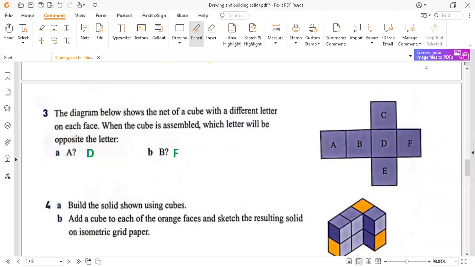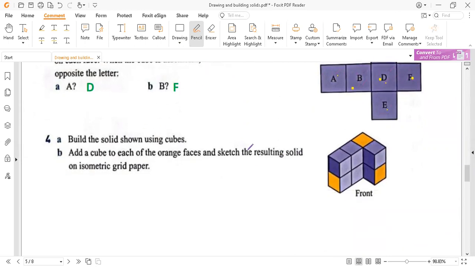For example, this one will be opposite to A, because when we complete our cube, we will obtain D in the bottom and A in the top. We will obtain F as the right face and B as the left face. Also, we will obtain E in front and C in the back. So these are the pairs of opposite faces.